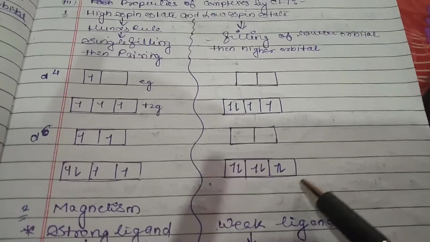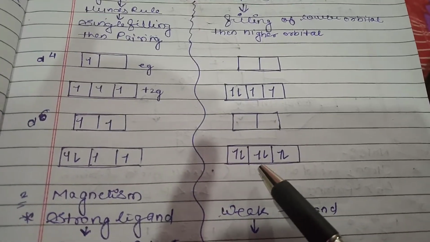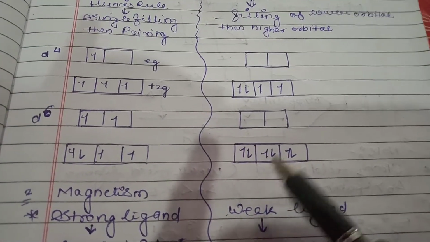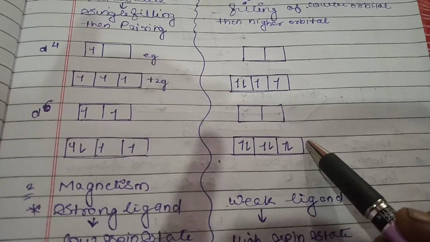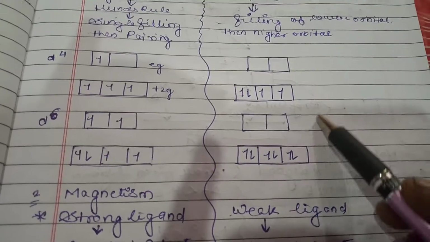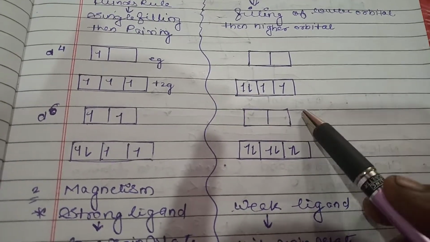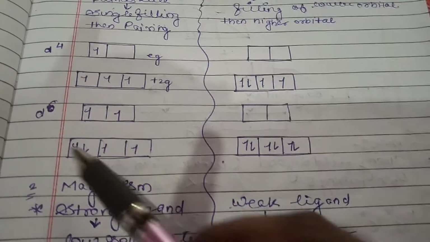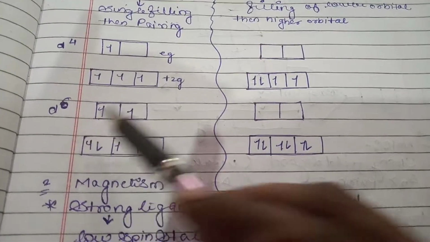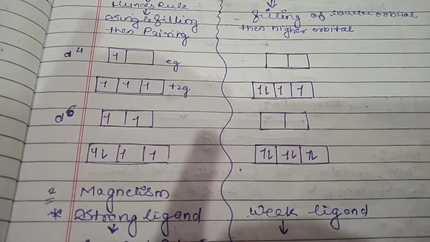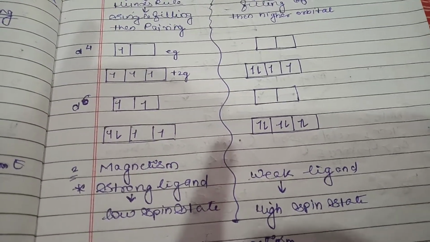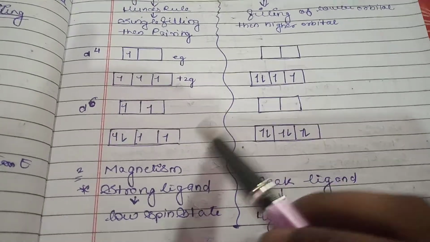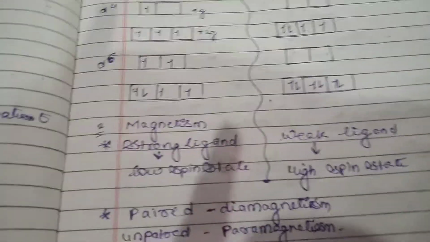Similarly, in case of low spin state, firstly the lower t2g orbitals will be filled like this, 1, 2 and 3, then 4, 5 and 6, and as I don't have many electrons, the eg orbital will not be filled. Okay, that means strong ligand and weak ligand do affect the filling of electrons in the d orbitals.